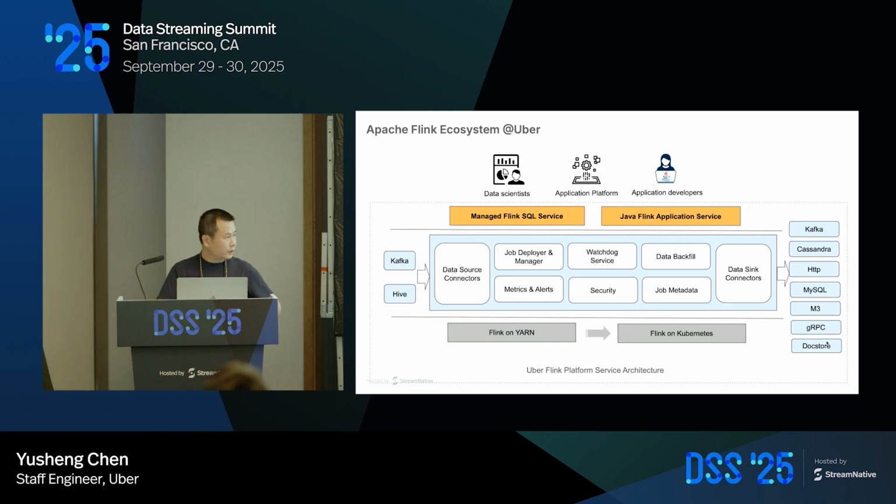Currently we are still running on YARN, but we are moving to Kubernetes. We are re-architecting the whole system to align with the Kubernetes ecosystem, including Kubernetes operators. So that's our platform. We provide strong support for Flink jobs.